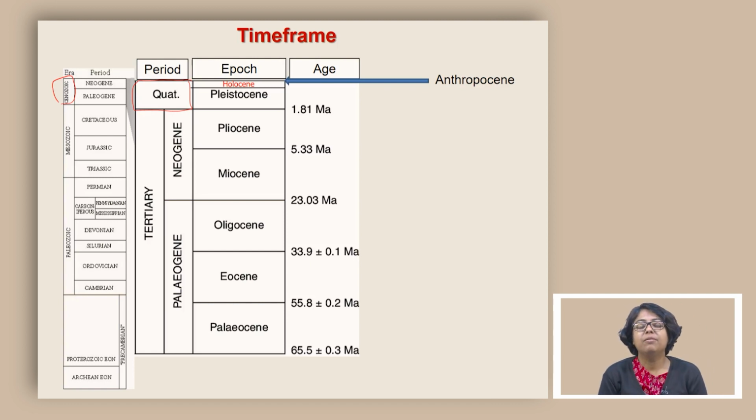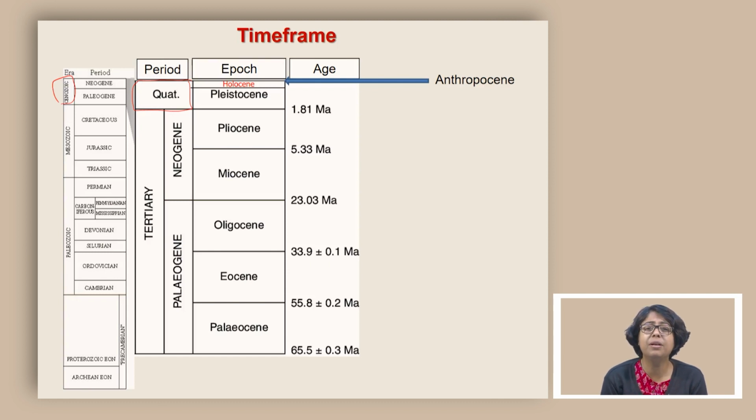However, the recent developments in the environment, in the biodiversity, made people think whether we should subdivide the Holocene into two times, a time before the Industrial Revolution and the time after the Industrial Revolution.